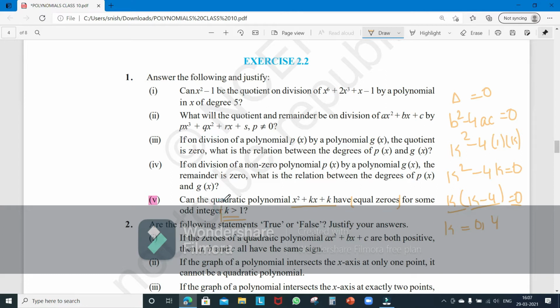Now k should be greater than 1, but k equal to 0 is less than 1, so remove this option. Another is for some odd integer, but is 4 an odd number? No, right? So this is also removed. Is the statement true? No, it is false. The statement is false.